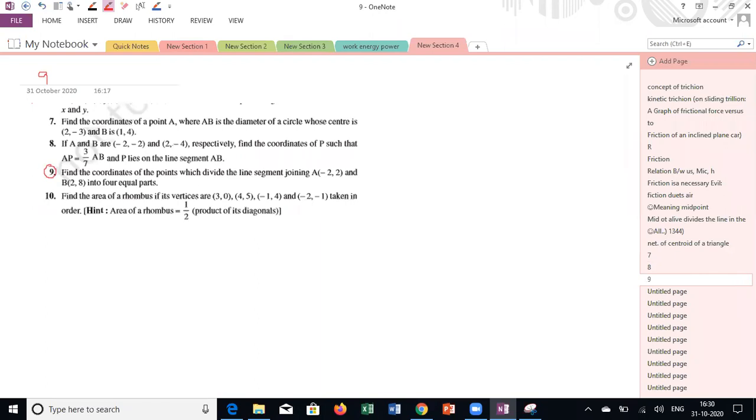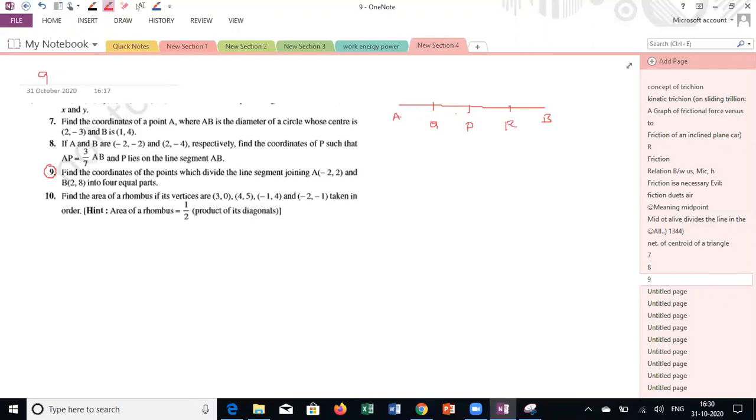Find the coordinates of the points which divide the line segment into 4 equal parts. How to do this question, guys? 4 equal parts. A, B. P is a midpoint which divides it into 2 equal parts, and Q is a midpoint of AP, and R is a midpoint of BP.